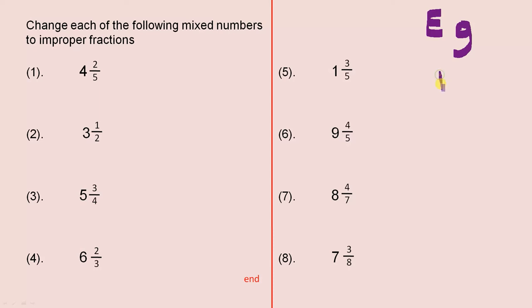Well, something like this. If you have 17, for example, over 3, that is an improper fraction because the numerator is larger than the denominator. So when you get each of those 8 answers, that's what it has to look like. A numerator larger than the denominator.